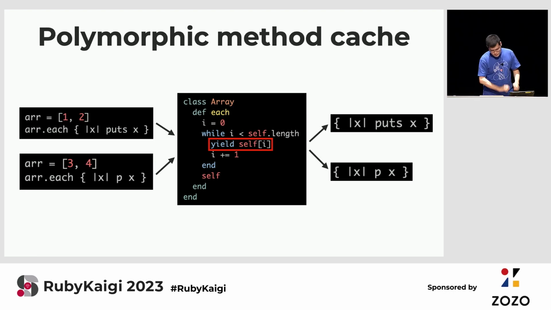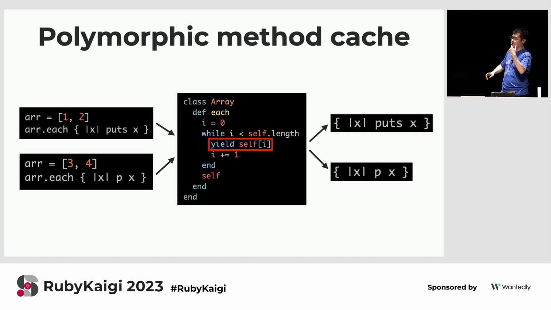Another thing I want to explain is the polymorphic method cache. That's touched on by the next keynote as well. So when you have something like array each on the left top side, currently array each is implemented in C, but let's assume that it's actually written in Ruby.